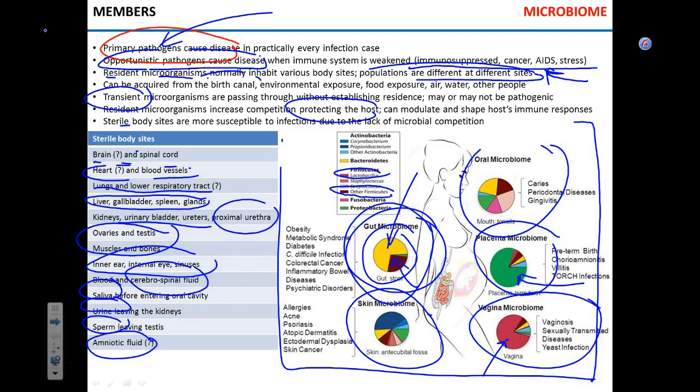Moreover, as we will see soon, resident microorganisms, members of microbiome, can modulate and shape not only host immune responses, but also host metabolic profile and diseases that go far beyond the infection.